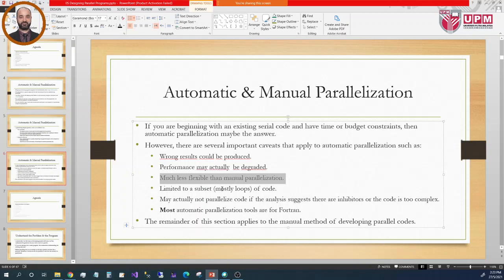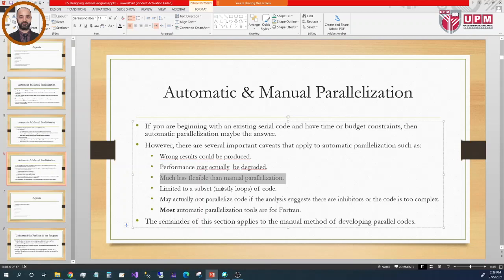We also cannot guarantee the same performance if we run the same program on different parallelization tools, because every tool analyzes the code in a different way. So the control is not in our hands, and it is not flexible compared to manual parallelization.